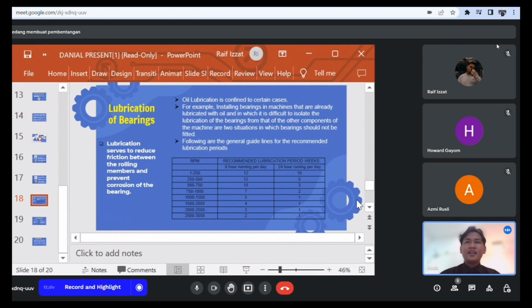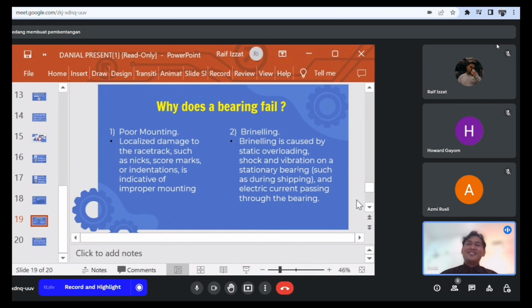So next, I will talk about why a bearing fails. There are two situations. The first situation is poor mounting. Localized damage to the race track such as a nick, score mark or indentation is indicative of improper mounting.